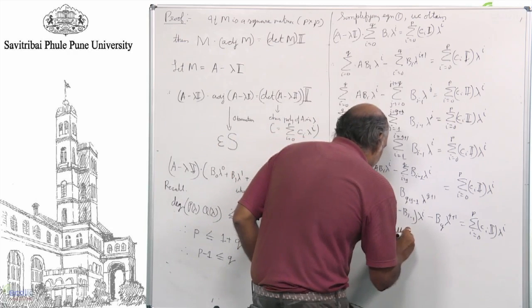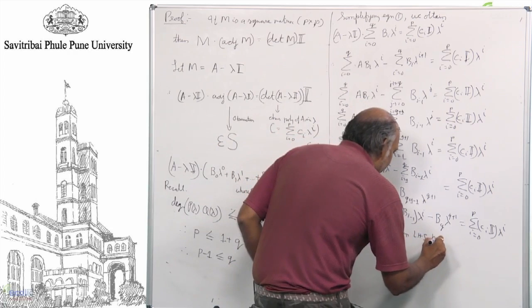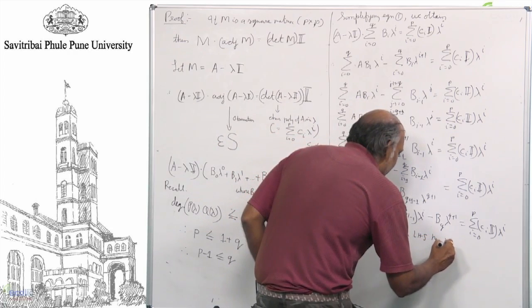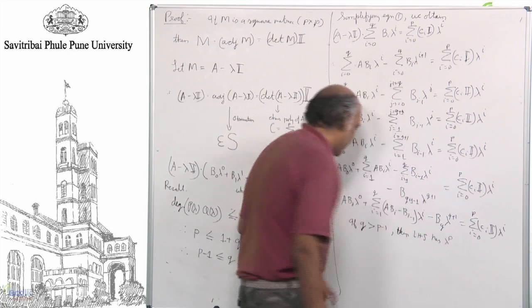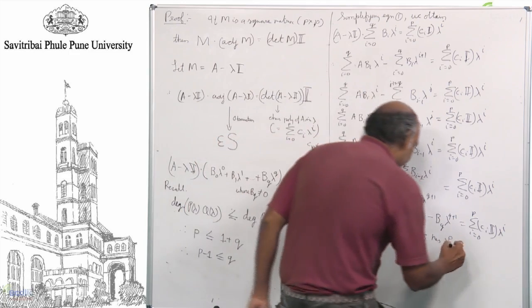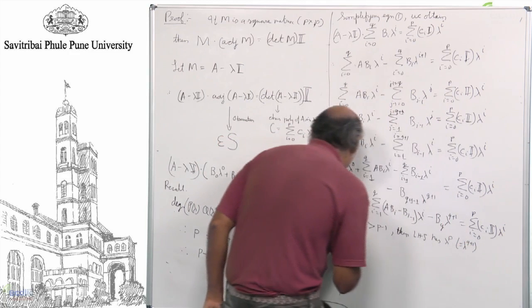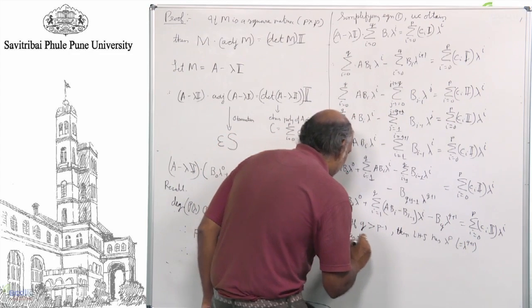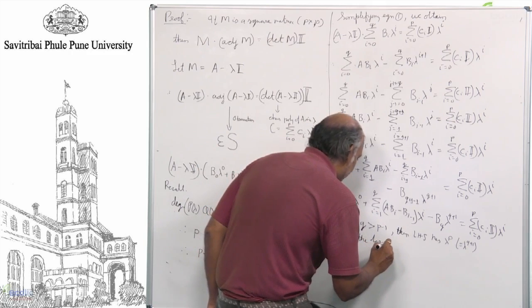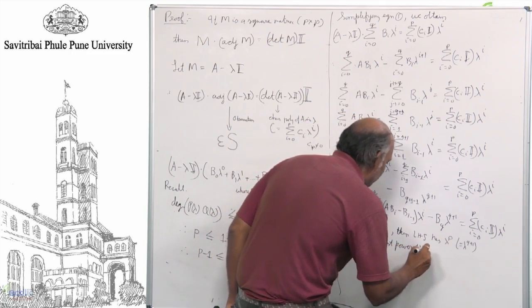Then the LHS has lambda to the power q plus 1 as the largest power of lambda on display.